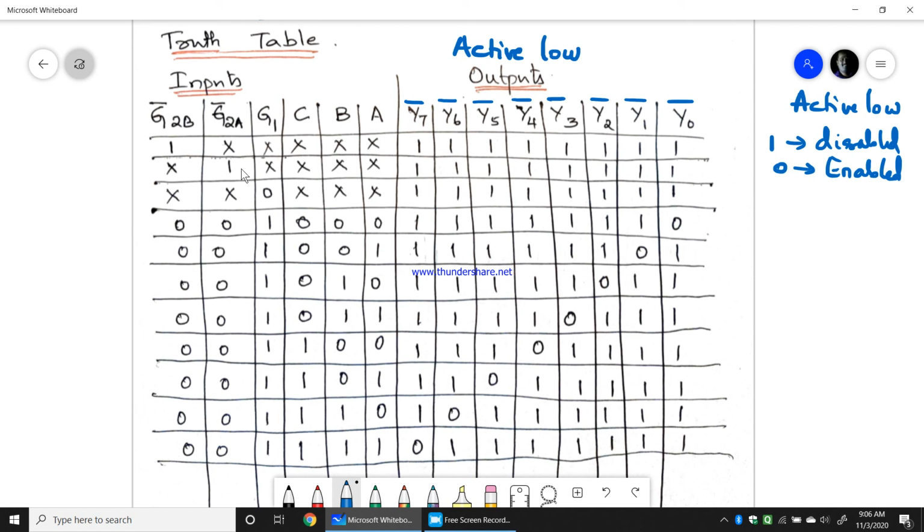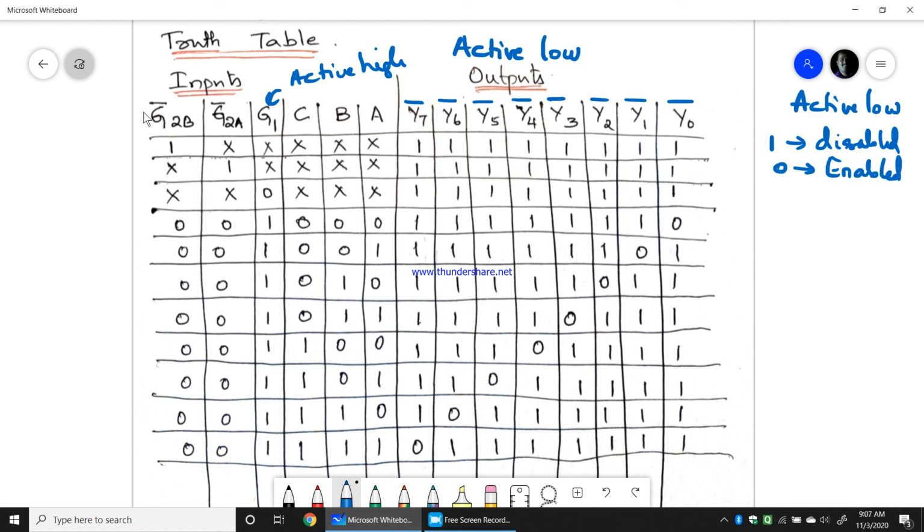Now G2B, G2A is now don't care because G1 is active high. This is an active high enable pin. So once it is active high, it means 0 for that will be disabled. Active low, 1 you give, it is disabled, whereas active high, 0 will be disabled. So if you give 0 to G1, irrespective of the value of any other inputs, the output remains disabled because this enable pin is disabled.